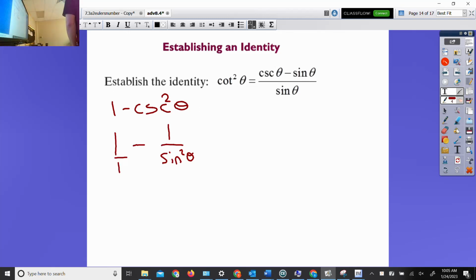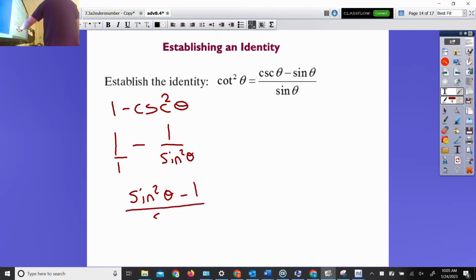Put the fractions together. Oh. What's this one again? Sine squared. 1 minus 1, it's all over sine squared. I thought it was almost done. It might not be as far as I thought it would be.